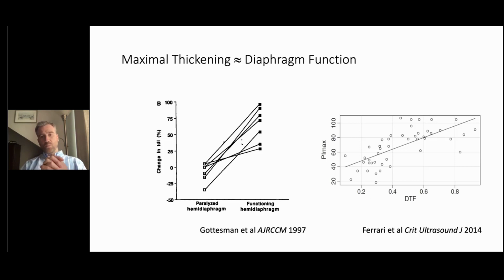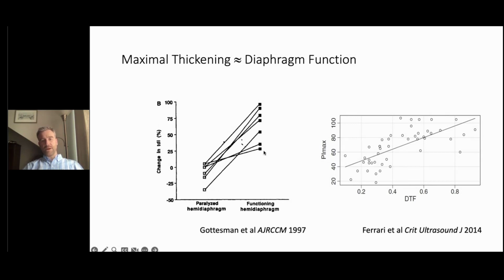Now, the utility of this is that it gives you a way of assessing whether the diaphragm can contract, and hence a way of assessing the function of the diaphragm. For example, in a classic paper looking at patients with hemidiaphragmatic paralysis, you can see here the thickening of the diaphragm during inspiration is 0 or even a negative value, reflecting that the paralyzed side is getting stretched.